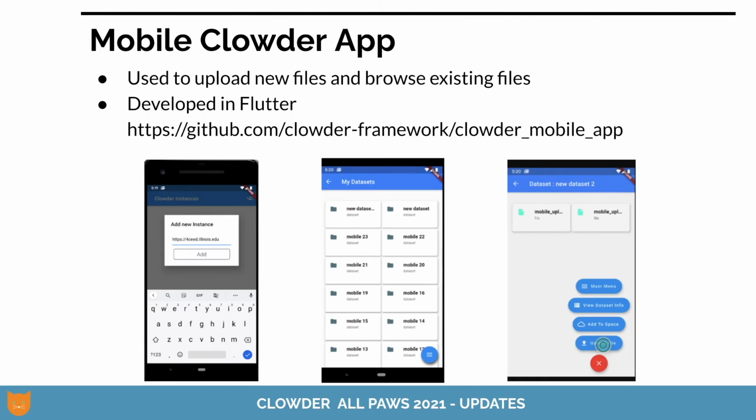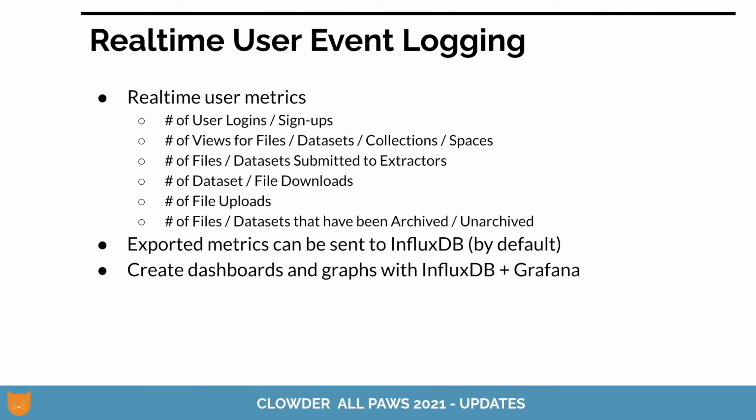The code is open source. And we know that we have a lot of use cases where it would be nice to have the ability from your phone in the field, where you're taking pictures of samples or anything, or even other uses of the camera or other sensors on a phone, and then automatically upload them to a Clowder instance.